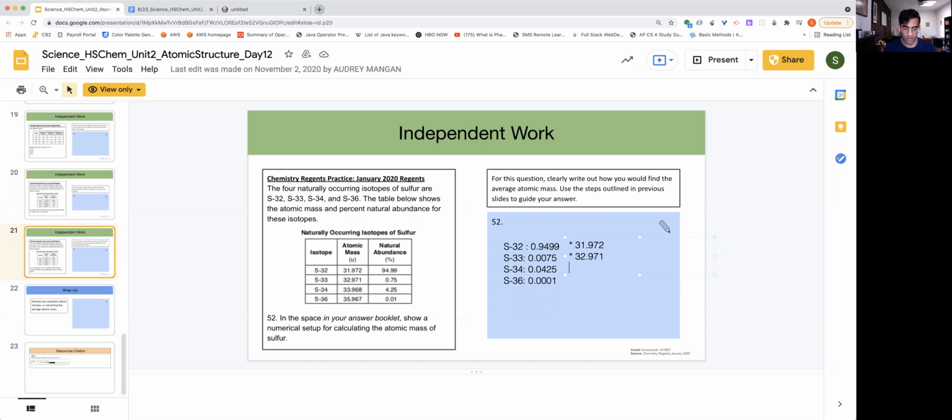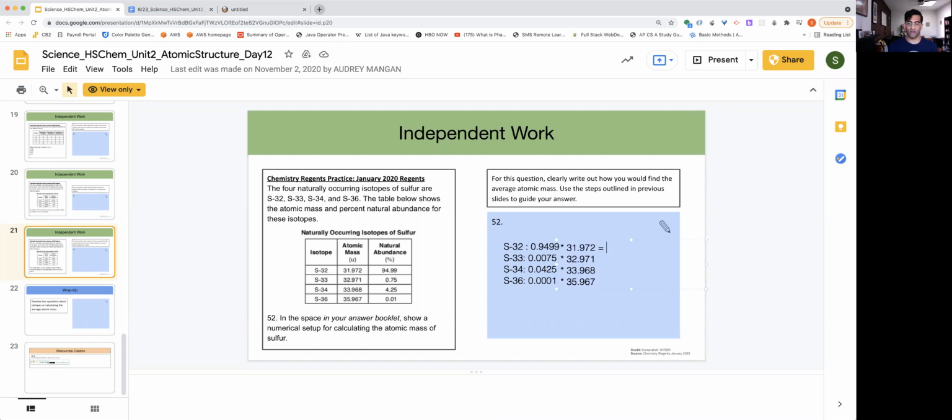Third one by 33.968. And the fourth one by 35.967. Let me just add in again, I left out my multiplication signs. Select this and make sure that it's exactly lined up here. Great. And now I can go up and I can get my values.